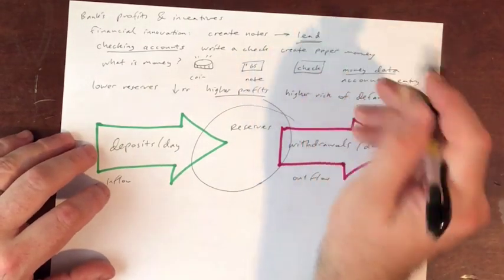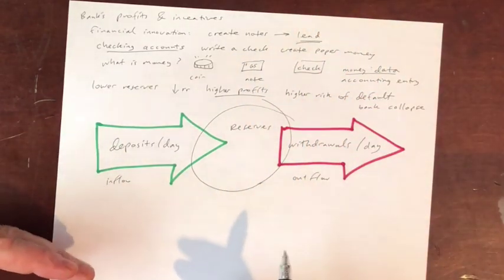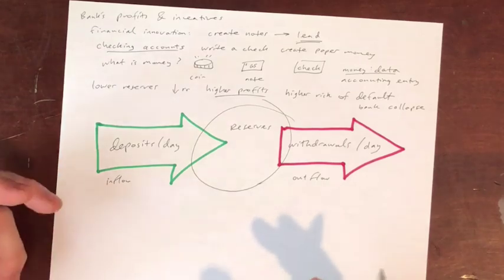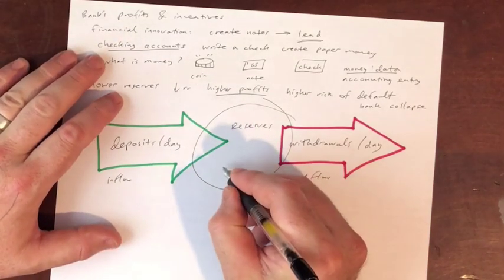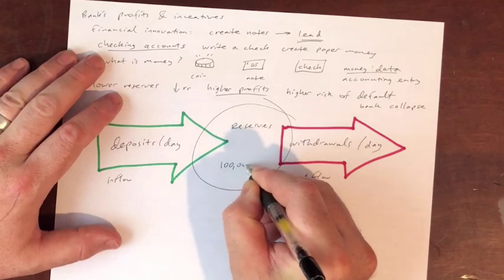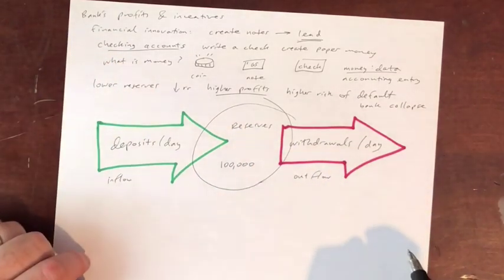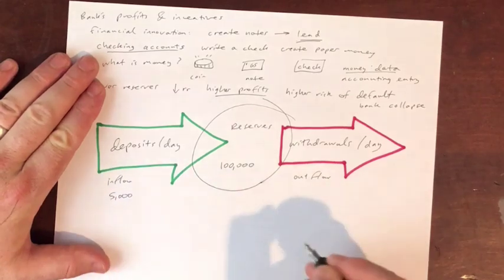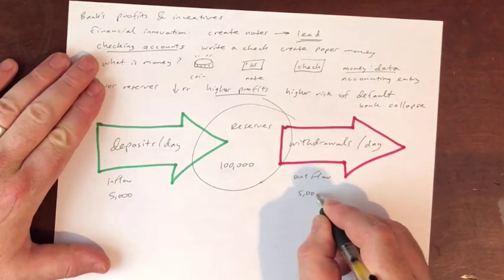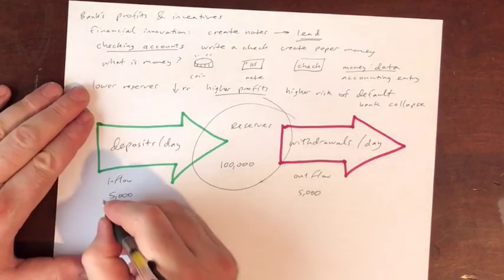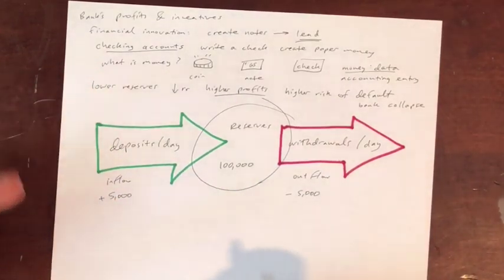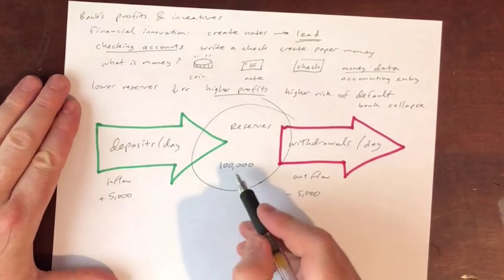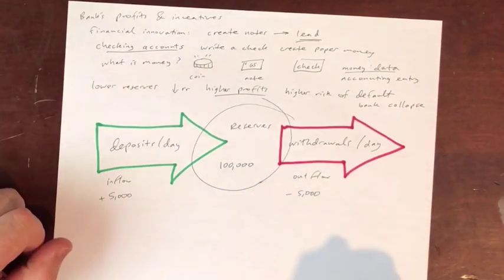So the reserves represent a lost opportunity to profit. Let's imagine a bank that has 100,000 in reserves, and has an inflow of 5,000 and an outflow of also about 5,000. Money's coming in, money's exiting, and it's roughly equal. Meanwhile, they have 100,000 in reserves.